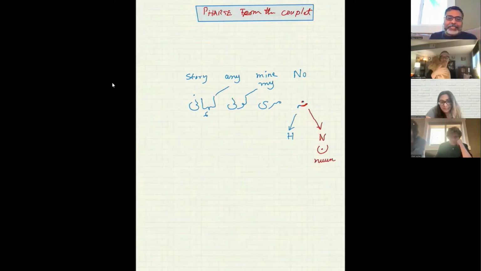Now the letter H, there are different types of H's in Urdu, but the one that's in this word na is called choti hey, and it looks like that. So I'm going to write it out. Choti hey, C-H-O-T-T-I-I, choti, which means small.